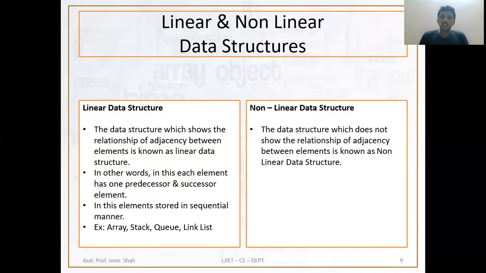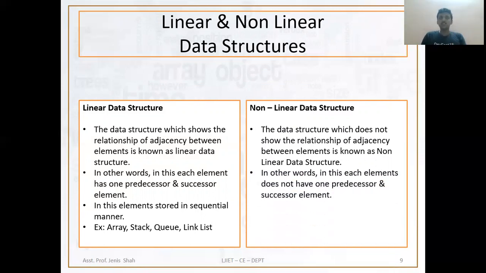Like roll number 1 is here, and roll numbers 2 and 3 are connected with roll number 1. Again, roll numbers 5 and 6 are connected with roll number 2. That means there is no sequence in the memory. It is all in a hierarchical fashion. It can also be non-hierarchical and non-linear. It is possible. So in this, each and every element does not have one predecessor and one successor.